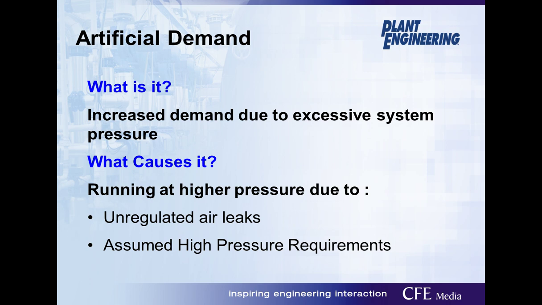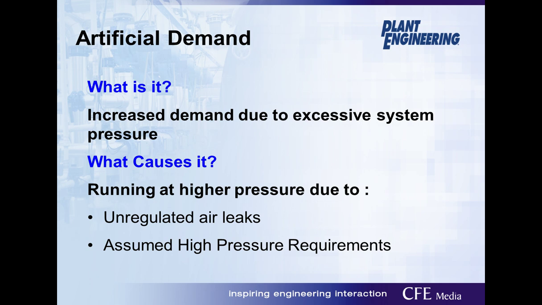And of course, we talked about artificial demand. First of all, what is artificial demand? Artificial demand is increased demand due to excessive system pressure. What does that actually mean? It means I have to keep my pressure much higher in my system, which causes me to run more compressors longer to keep it up. And what causes it?